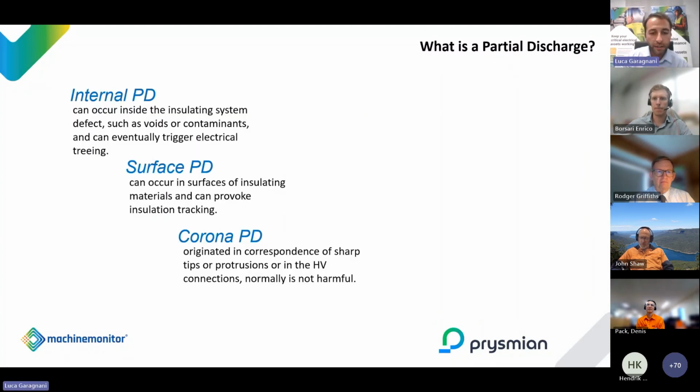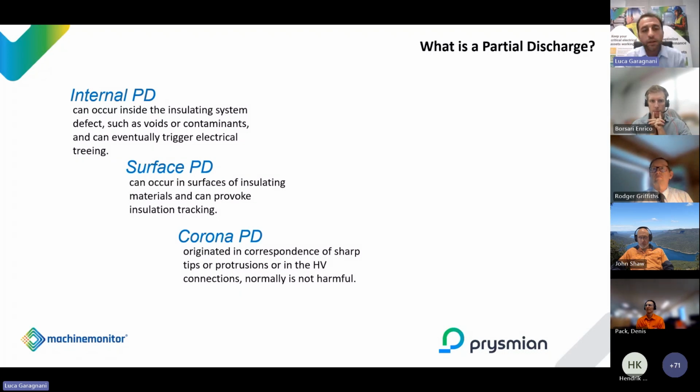To go a bit more into the literature and to better represent the discharge, we know that we have different names. If you are familiar with PD testing, you may have seen some reports where someone talks about corona discharge, surface discharge, internal discharge, interface discharges. And sometimes we give names based on the asset, like slot discharge for rotating machines, or stress gradient discharge, still for rotating machines.